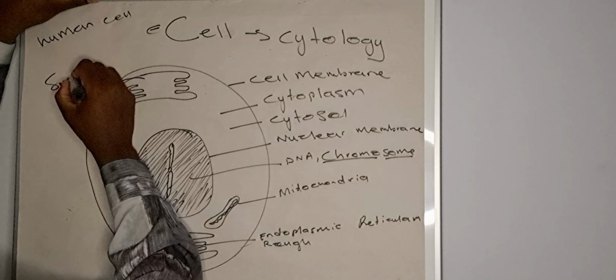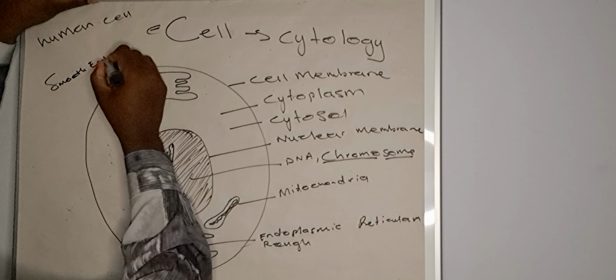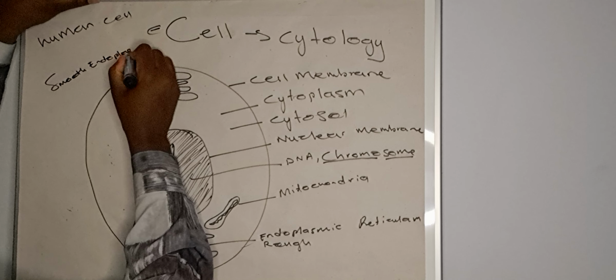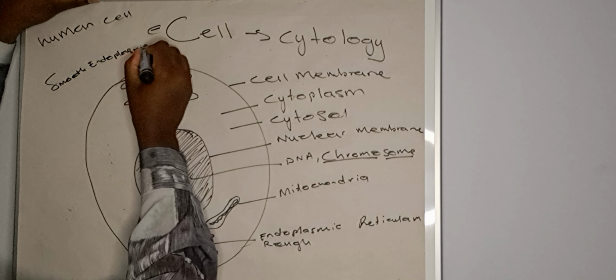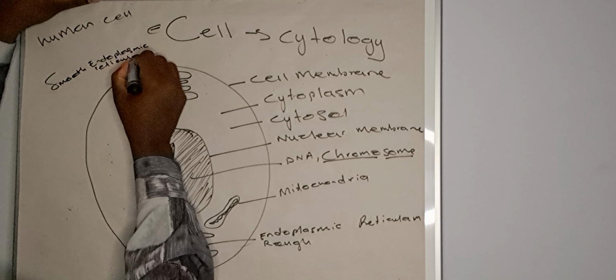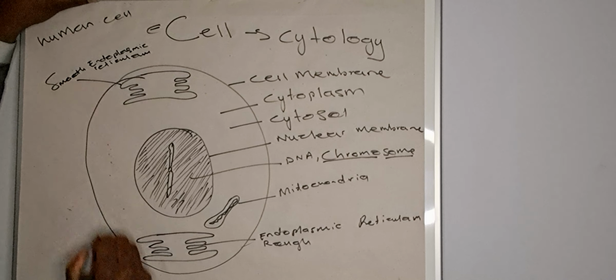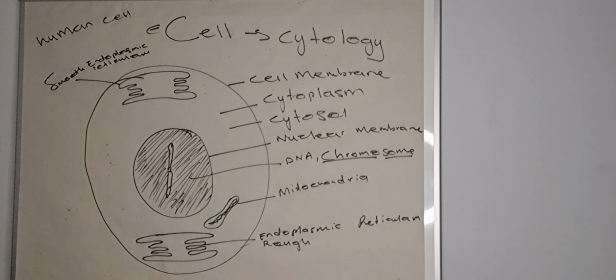Smooth endoplasmic reticulum. This one is your smooth, this one is your rough. But do you see that structurally they are the same?